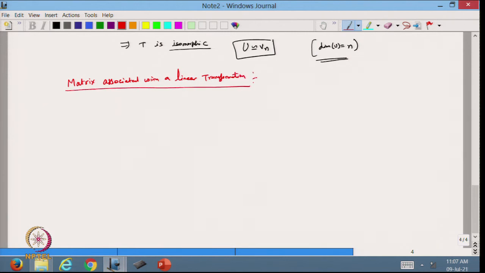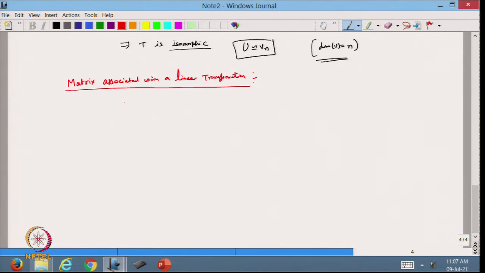In the earlier case we also discussed the matrices A, and we are sure that they work the same as a linear transformation. Now, here we want to give some rigorous idea of how a linear transformation is associated with a matrix. So, this is what we want to show.